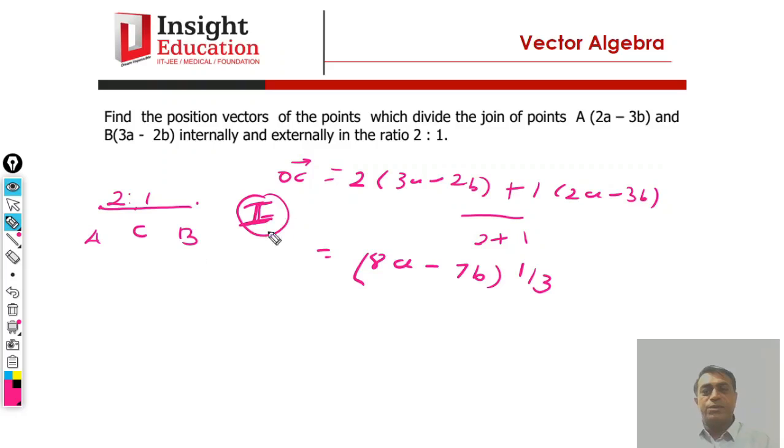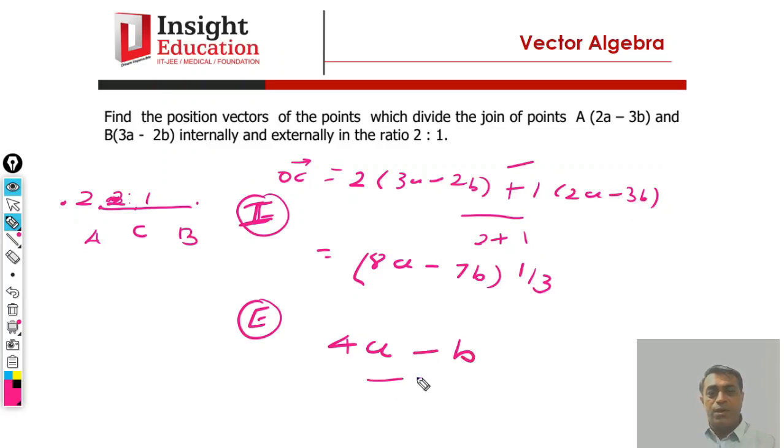For external division, similarly I can write, suppose point C is somewhere over here and divides it into 2:1. So similarly, instead of plus, I have to consider minus. So now 2 into 6A minus 2A, so that is 4A minus 4B plus 3B, so that is minus B upon 2 minus 1, so that is 1.